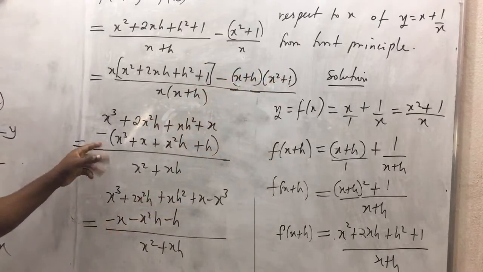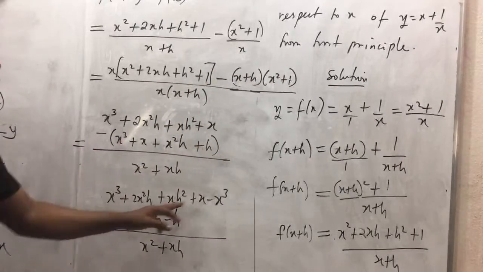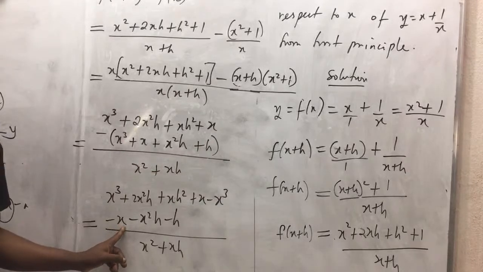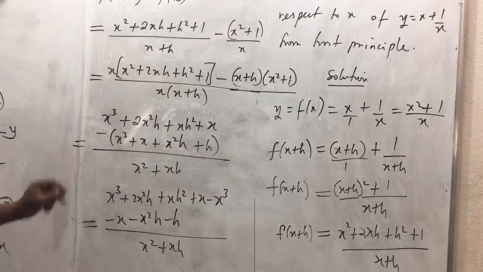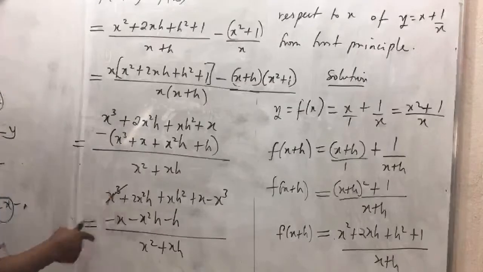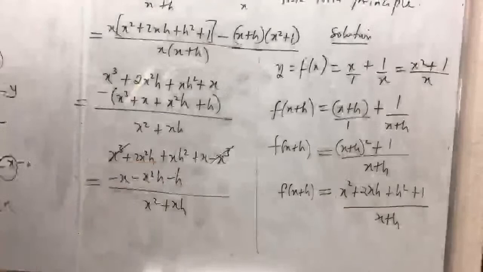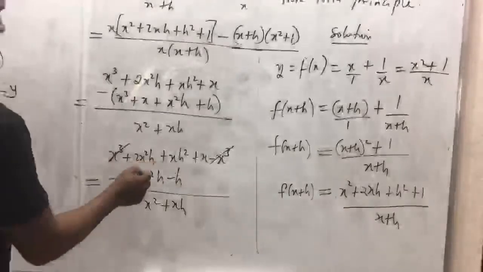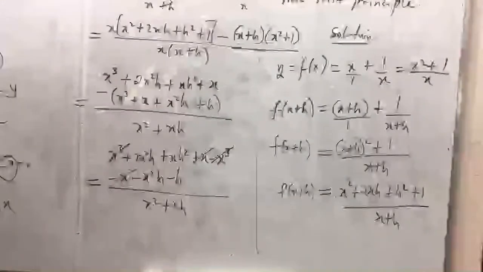Now opening up that bracket meant using minus to multiply everything here, which is minus x cubed minus x squared h and minus h. So at this point in time, we are going to simplify. Simplifying means this x cubed minus x cubed goes, and x minus x.